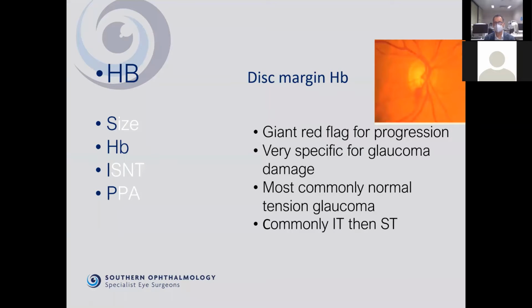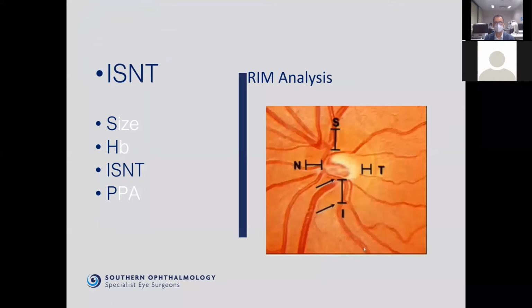Disc margin hemorrhage is a giant red flag for progression of glaucoma. It's most commonly seen in normal tension glaucoma at the infratemporal or supratemporal disc margin. As mentioned earlier, we need to be documenting the neuroretinal rim, not only the cup to disc ratio.